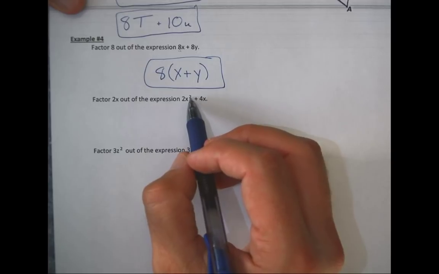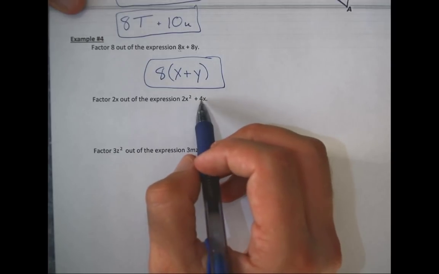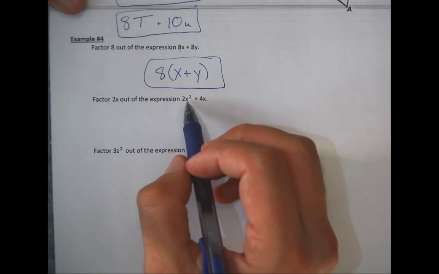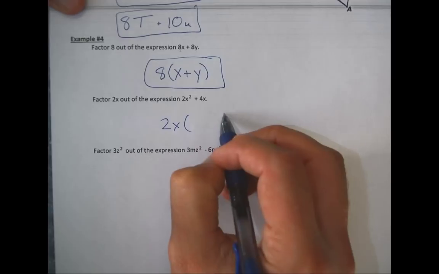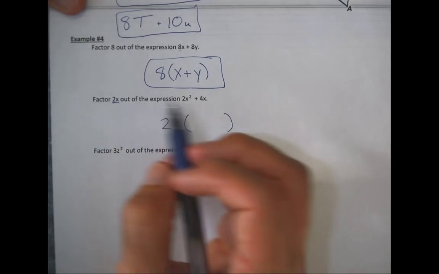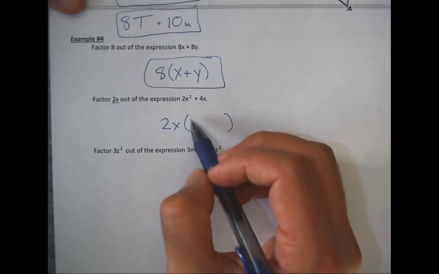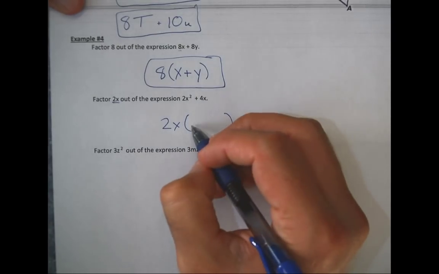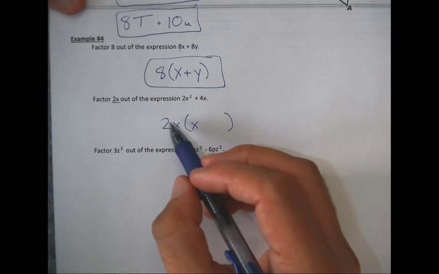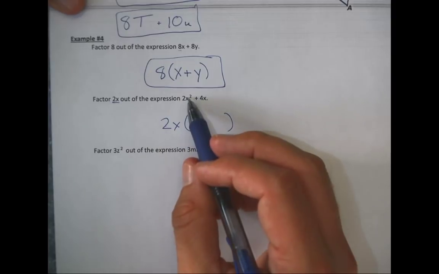Now, these are different terms because this one has the squared, so these could not be combined. They're not like terms, but they both have a factor of x. So I'm going to take the 2x out of it because that's what it's asking me to do. So 2x times something got me 2x squared. Well, that's just x, because if I multiply 2x times x, these x's combine to get 2x squared.